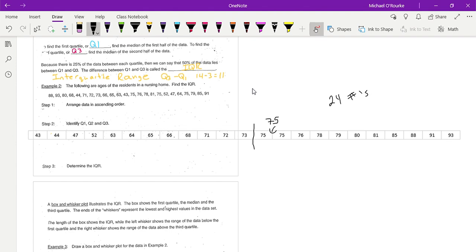So now it is 74, right? Because what you do is you go 73 plus 75, divided by 2, which equals 74.